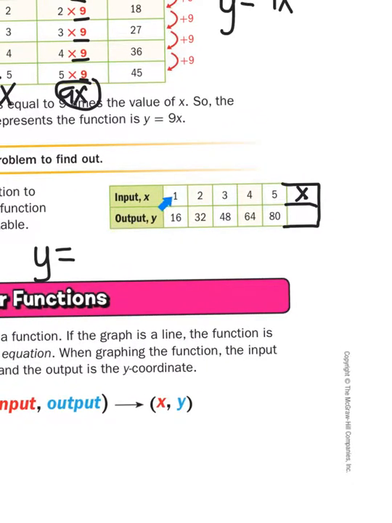So when I'm going from 1 to 16, 2 to 32, I notice that 1 times 16 is 16, 2 times 16 is 32. So I'm actually going to write that down. 1 times 16, 2 times 16, 3 times 16 is 48, and I can continue that with 4 times 16 and 5 times 16. So here I would write x times 16.